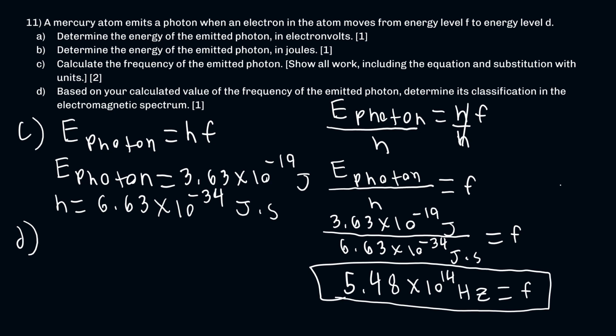If I go to green, that is starting at 5.2 and goes to 6.1. That is going to be where 5.48 is going to lie. Again, this is the second page of the reference table. The electromagnetic spectrum is going to lie in green. So green is going to be my answer there for part D.